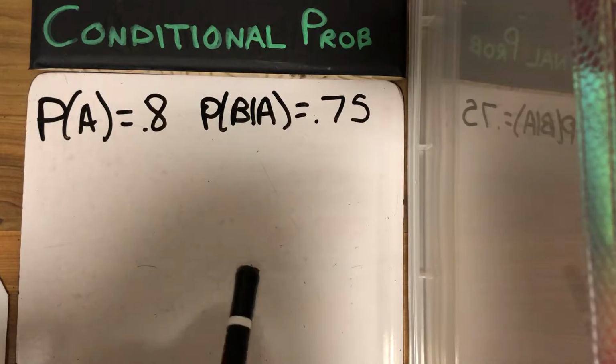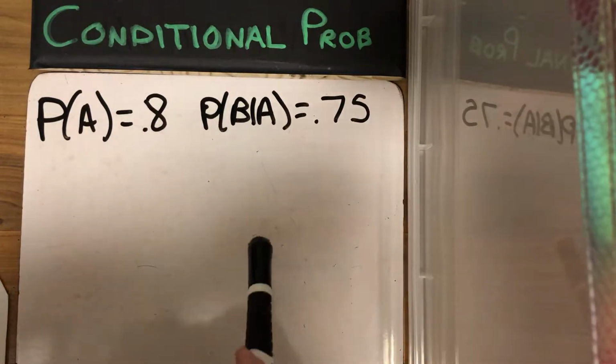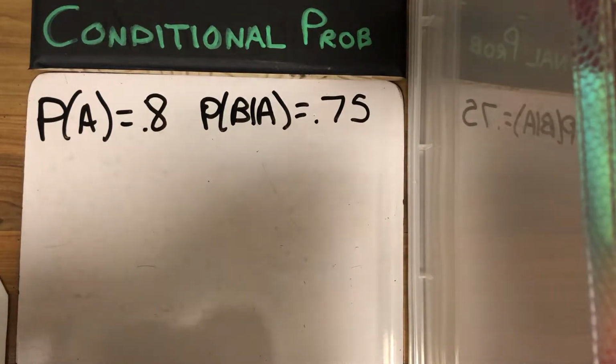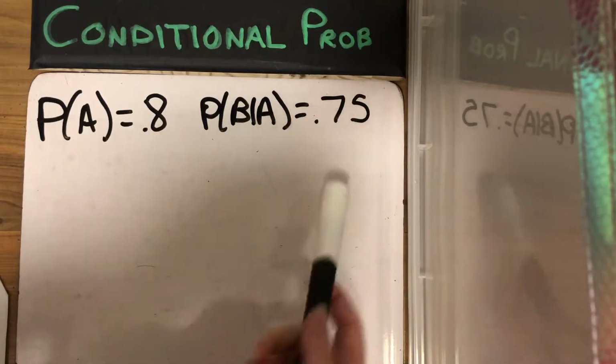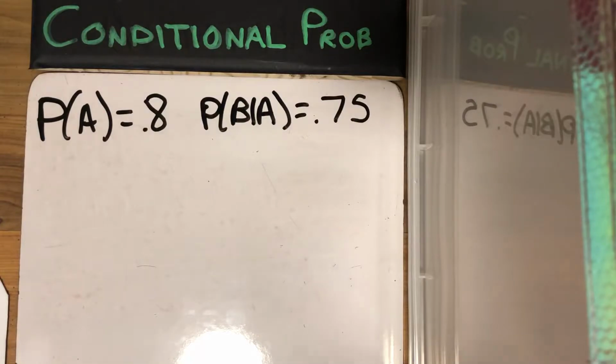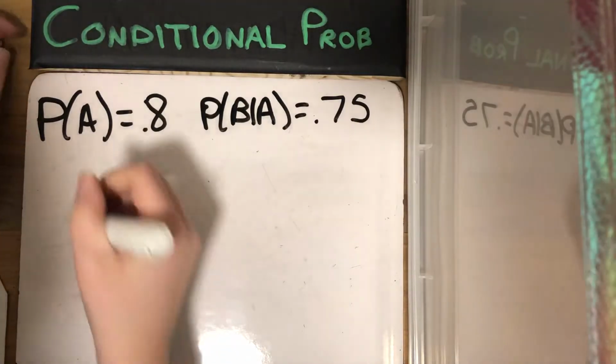So here is a different way to solve the problem, but it's still with the same numbers. So here we're not given the intersection, we're given B given A. So if you had these numbers instead of the last numbers, you would solve it by using the other equation we had.